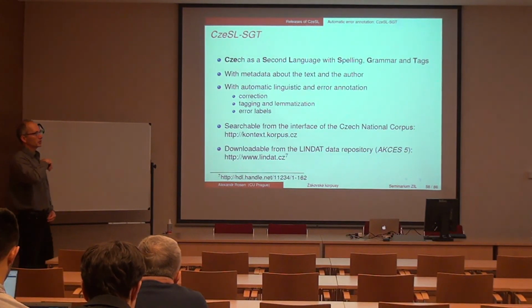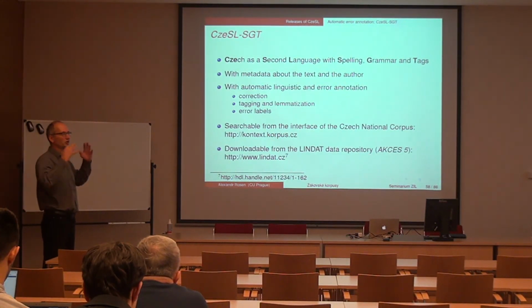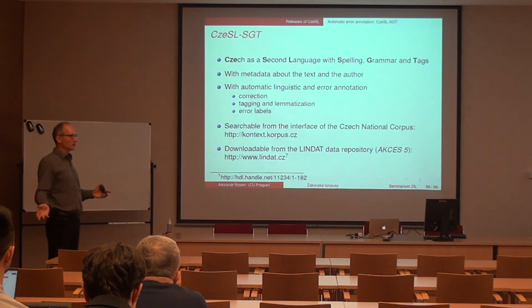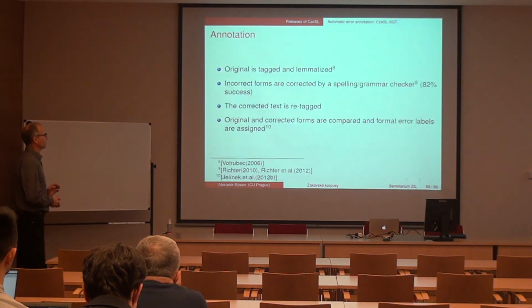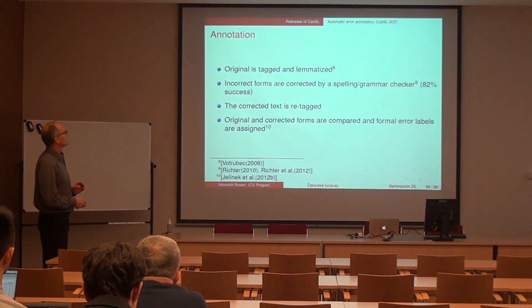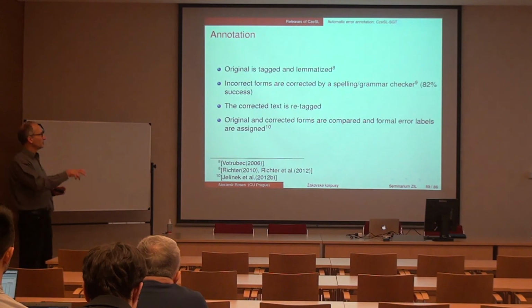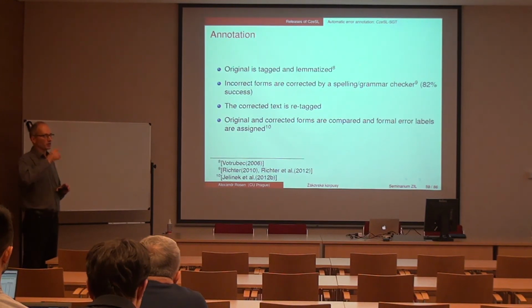Now, because we still couldn't show the whole corpus properly with metadata and with some annotation, we decided to take the whole set, no matter whether it's manually annotated or not, and do something really fast, so that it would be available. So what we do is that we tag and lemmatize the original by some standard tool, and then we apply, actually not then, but in some other way, but it doesn't matter.